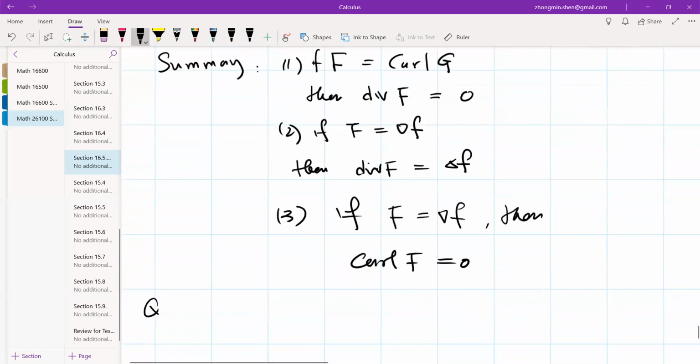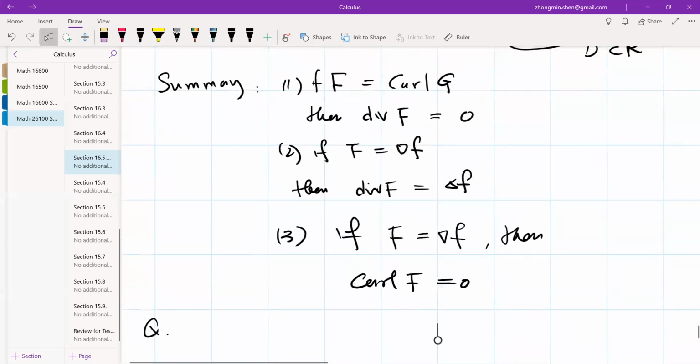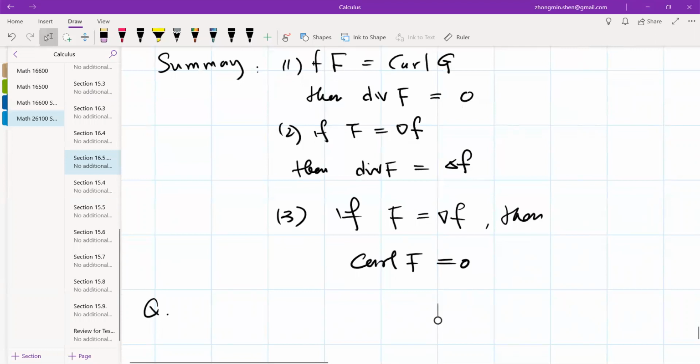All right, let's look at another example. So we have two types of special vector fields here.